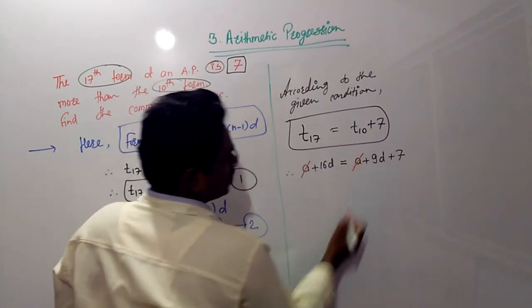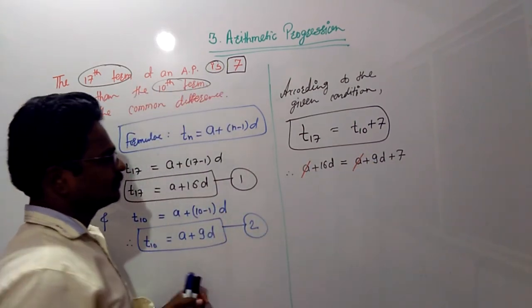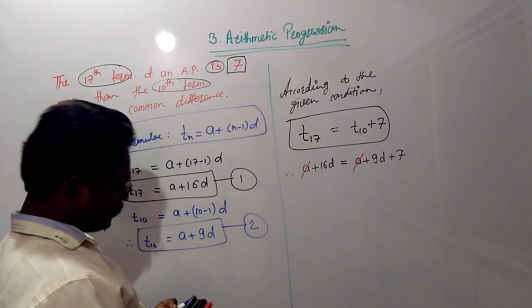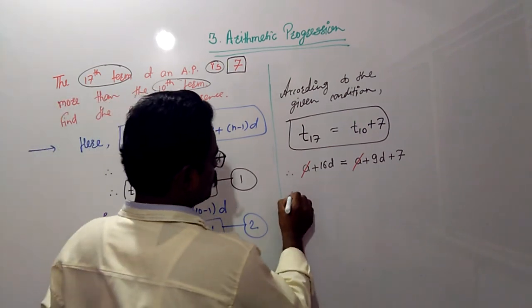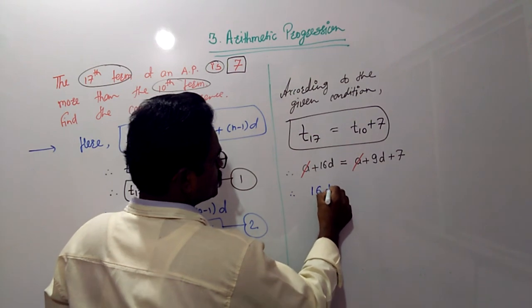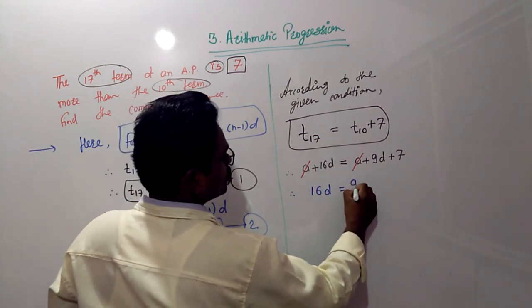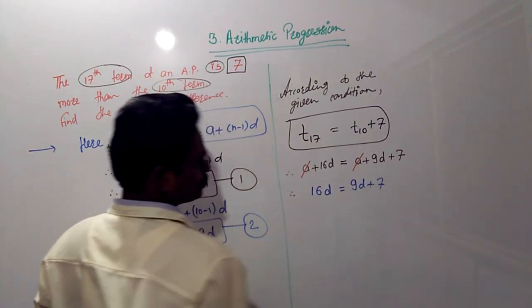This a and this a cancel each other. So the terms we are left with are 16d is equal to 9d plus 7.